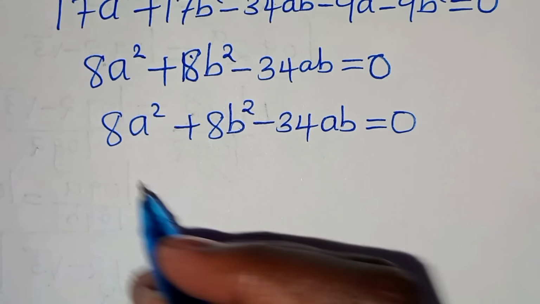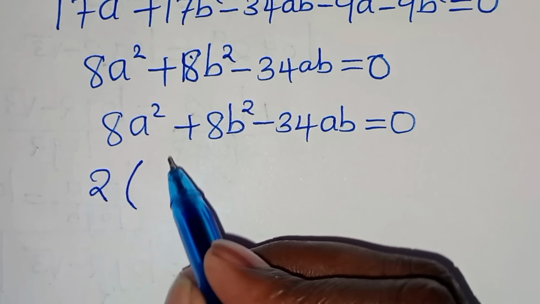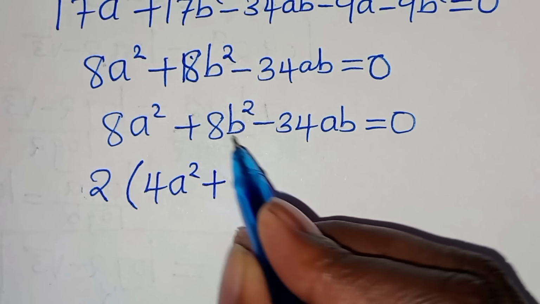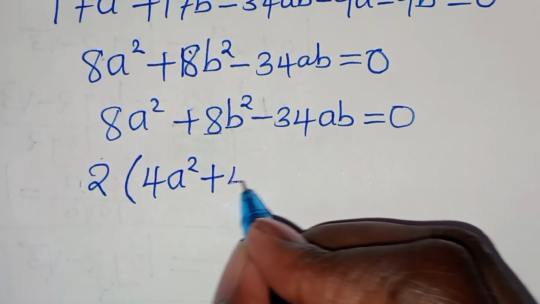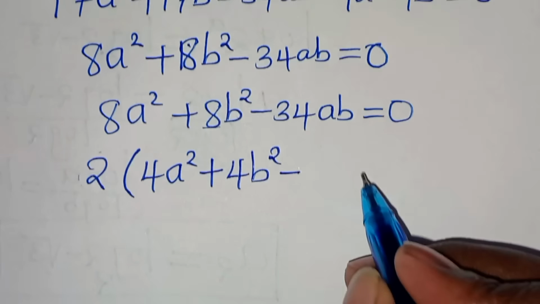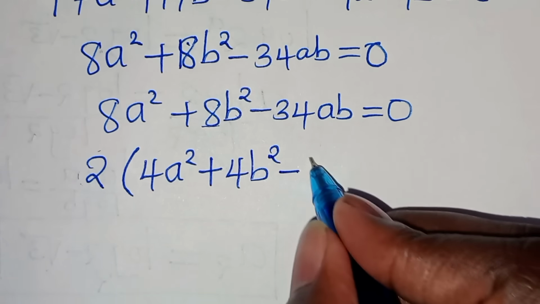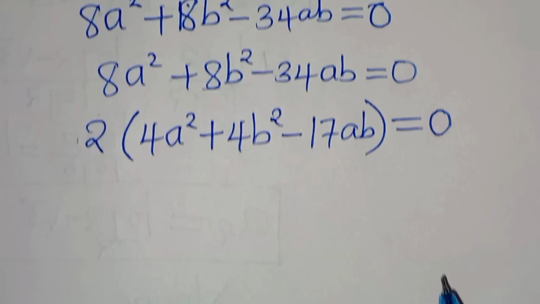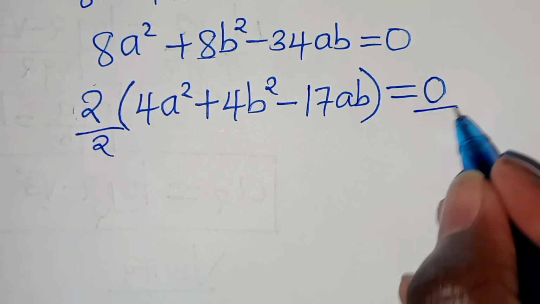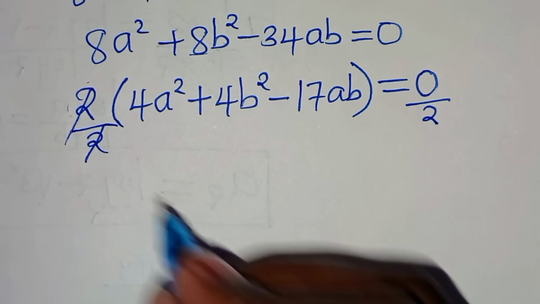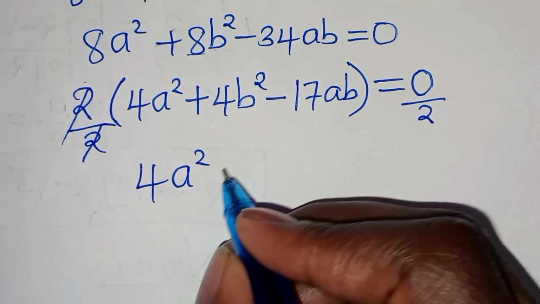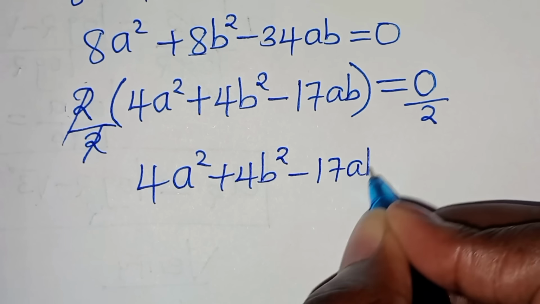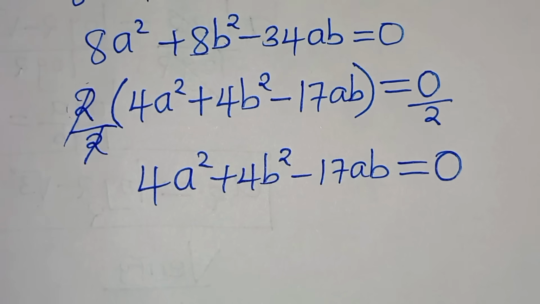We can factor out 2 here, so that we have 2 into the parentheses: 8a² divided by 2 is 4a², plus 8b² divided by 2 is 4b², minus 34ab divided by 2 is minus 17ab, close the parentheses, equal to 0. So let's divide both sides by 2, so that now we have 4a² + 4b² − 17ab equal to 0.